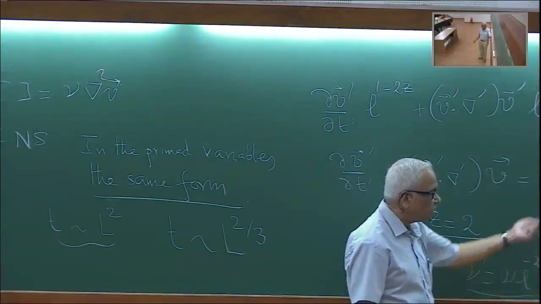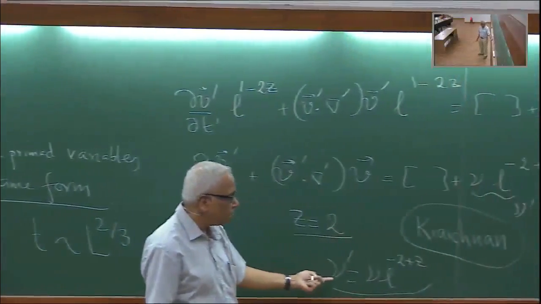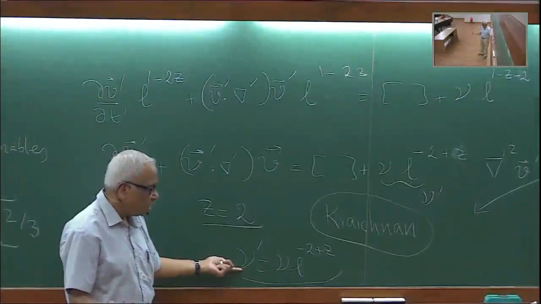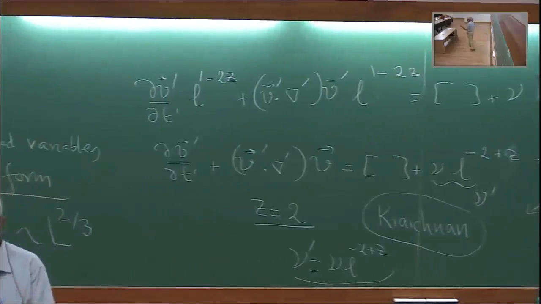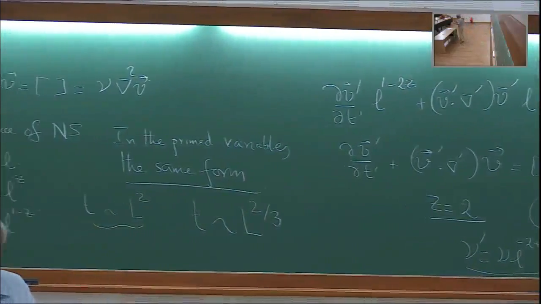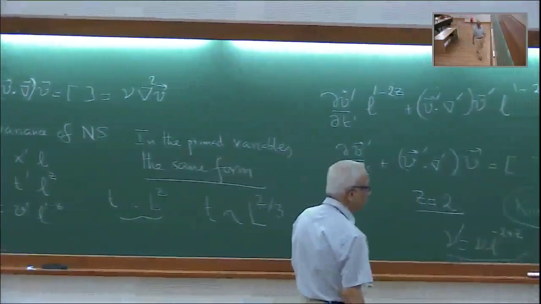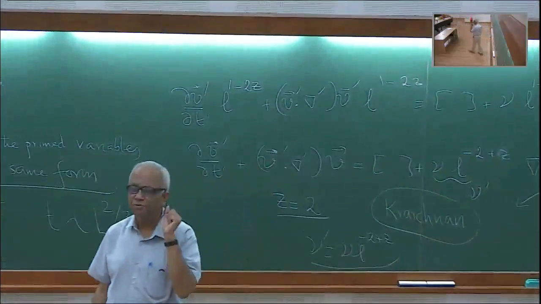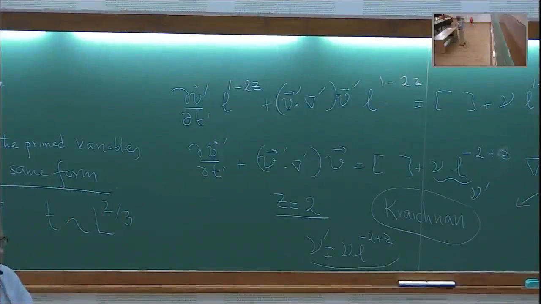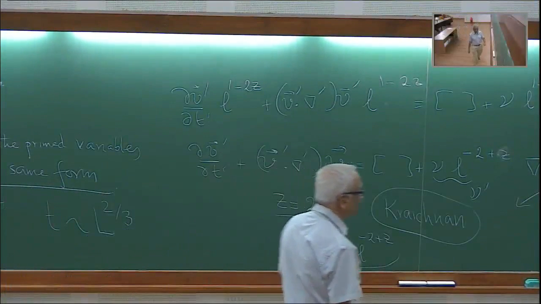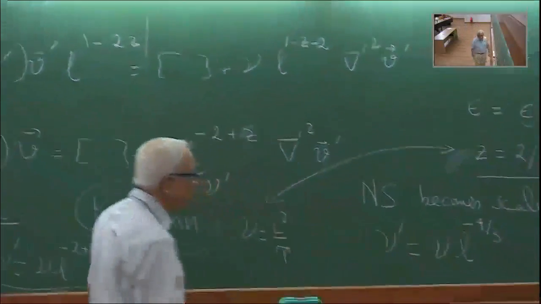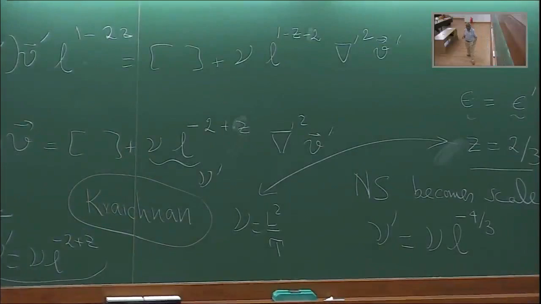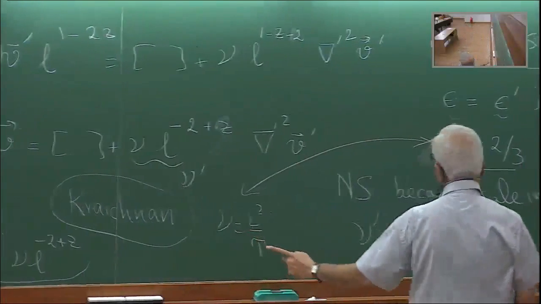Where is L squared over T? That's the point. In nu prime, this has dimension of L squared over T. This also has physical dimensions of L squared over T. If you were to write down the scale-dependent viscosity, viscosity does have a dimension of L squared over T. That is certainly there, but now the point is that this is the turbulent viscosity.